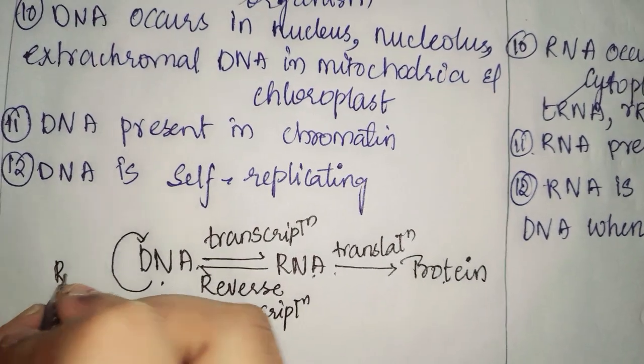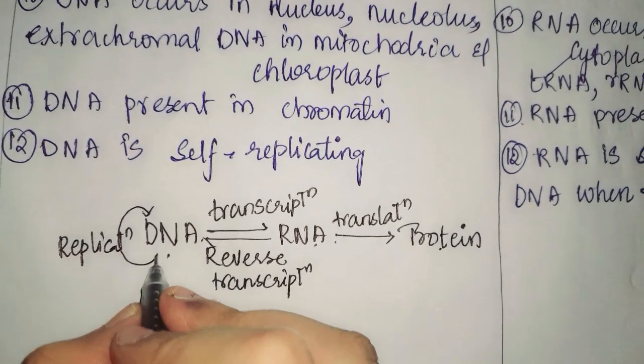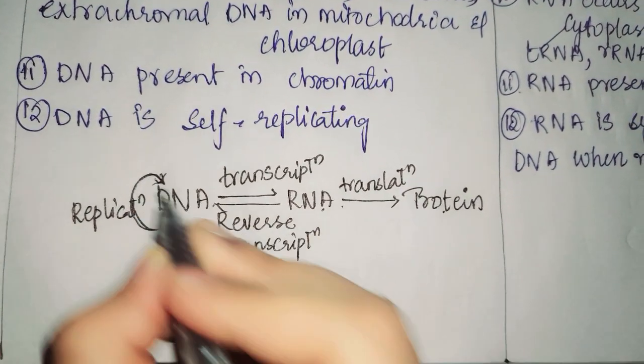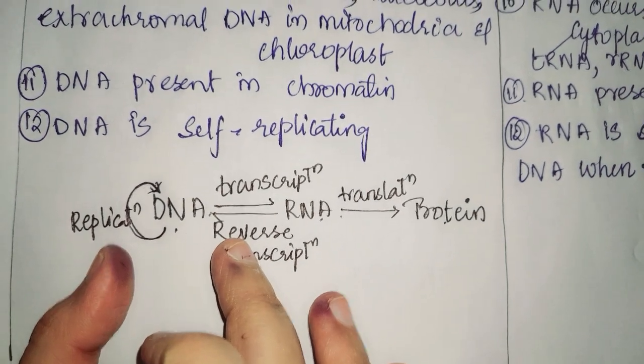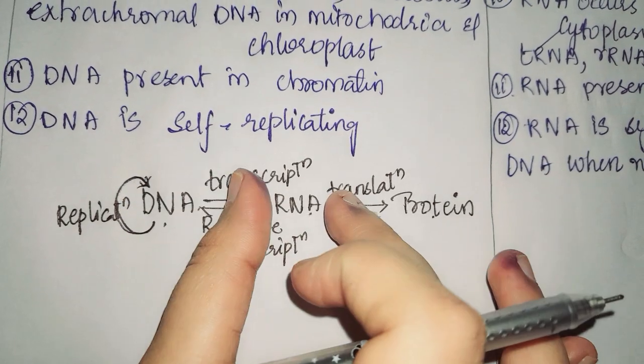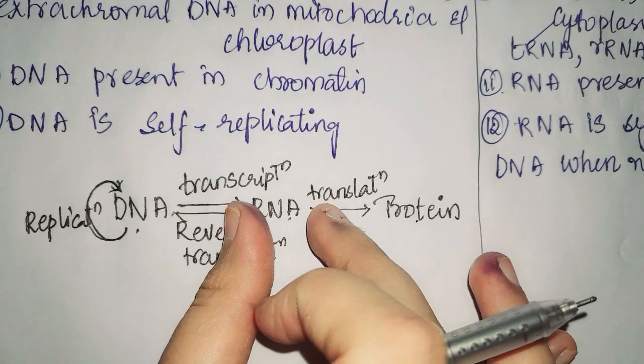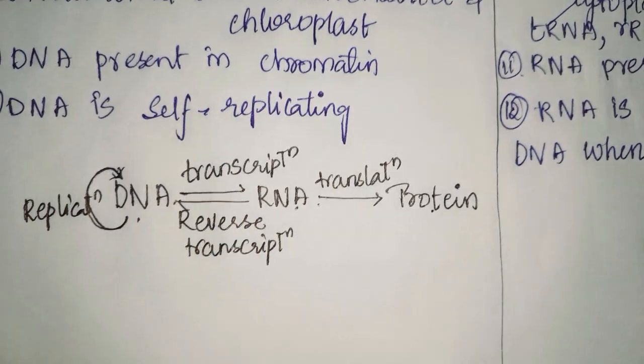So it shows replication. DNA on replicating by itself will give DNA again. But on transcription, it will produce RNA. So if RNA is needed, DNA has to synthesize the RNA.